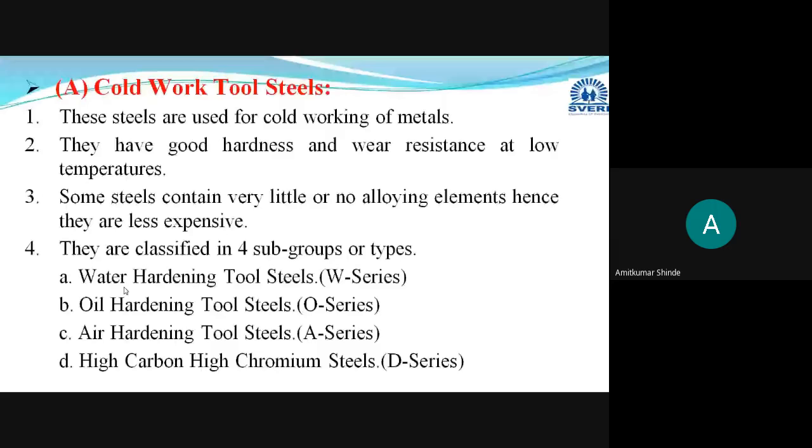In brackets I have written their sub-names. Water hardening tool steels are also known as W series steels. Oil hardening tool steels are known as O series steels. Air hardening tool steels are denoted by A series, and high carbon, high chromium steels are denoted by D series. Now we will see one by one.